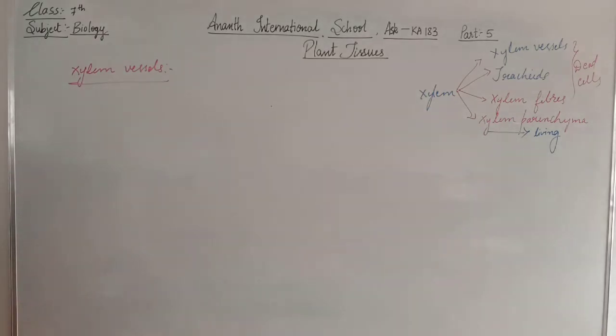What will be the function of the vessels which are present in the xylem? These xylem vessels are one cell, but a series of cells will be joined. One cell will be present, and it will be joined to the next cell, so a series of cells will be present. This series of cells joins together from end to end and forms a long tube.